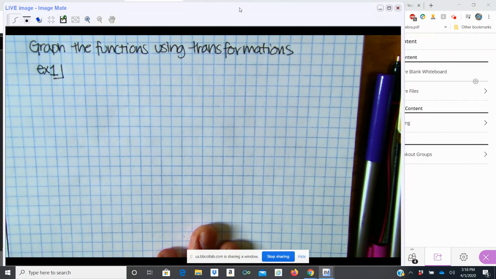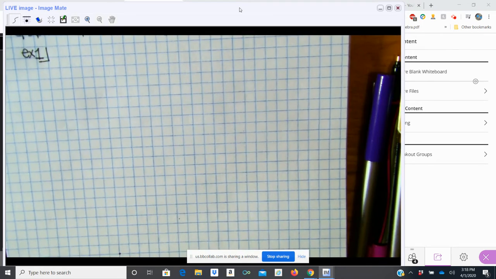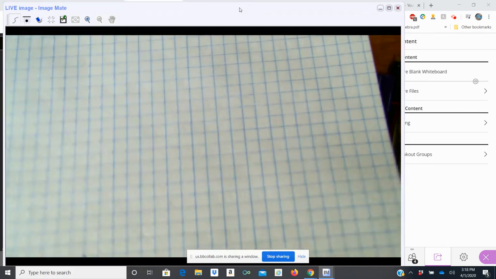We're going to graph these functions using transformations.